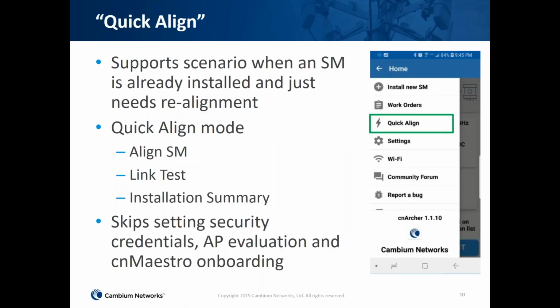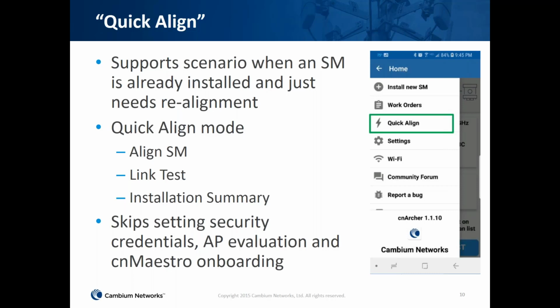The quick align feature. The purpose of this is that sometimes you're visiting a site where the SM is already installed and service is being provided, but you may not need to go through the whole workflow with software upgrade and provisioning, etc. You may just need to adjust the alignment of the SM.